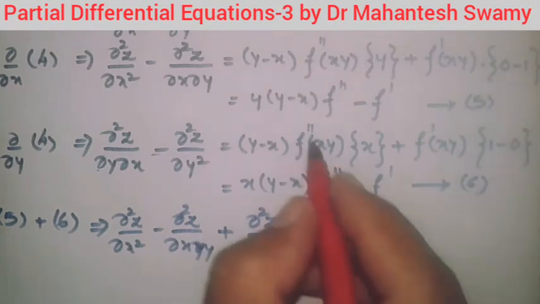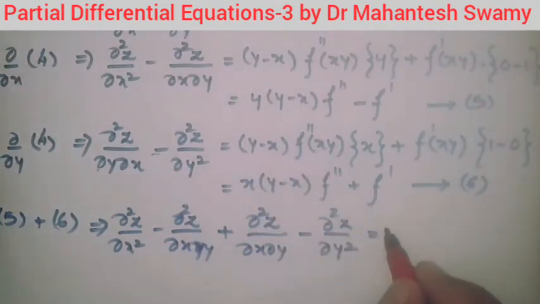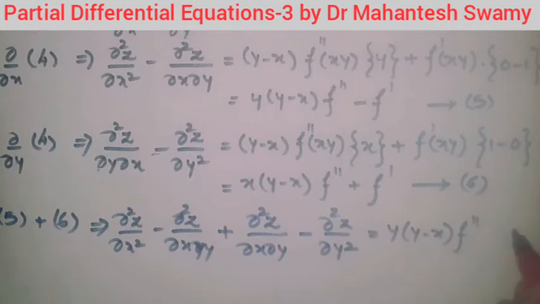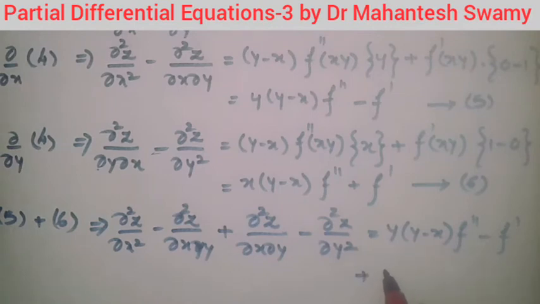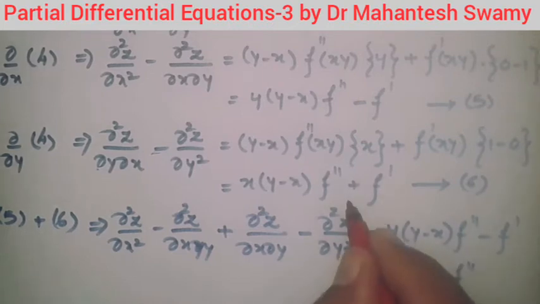And on the RHS, this plus this: y into bracket (y − x) into f″ minus f′, that is the RHS of equation 5, plus the RHS of equation 6, which is x into (y − x) into f″ plus f′.